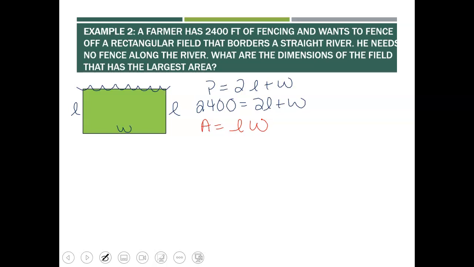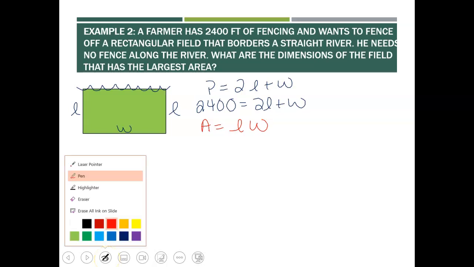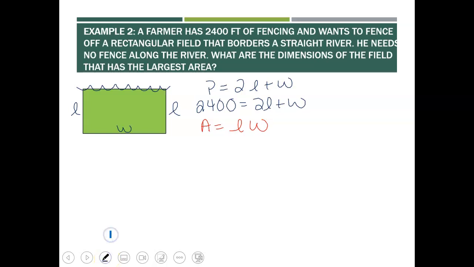What we know has to do with the perimeter. The perimeter has 2,400 equals 2L plus W. So what we're going to do is replace one of the variables by substituting with perimeter.